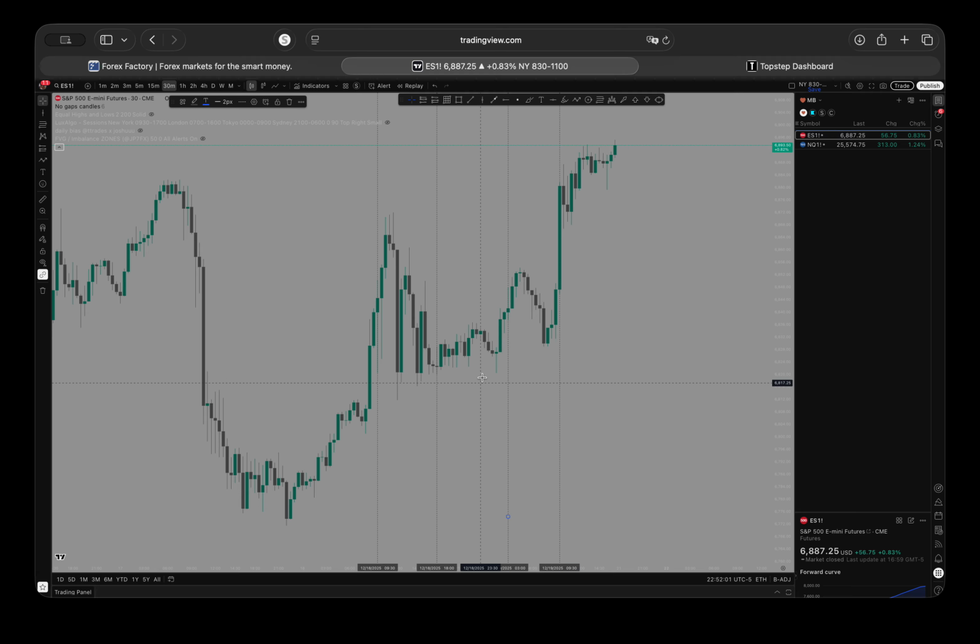And what I do is I take my horizontal ray and I mark my low point, my lowest point where I saw price reach to, which would be here, because I'm looking within this window.